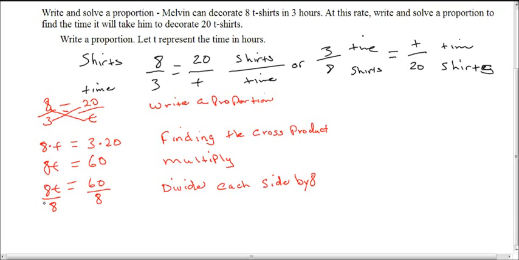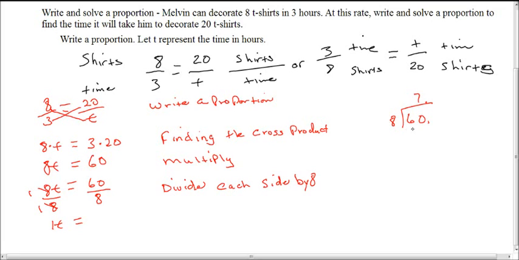So when we actually divide 8 by 8, that's going to be 1, and that's 1, and 1 over 1 is simply 1t, and 8 goes into 60. So let's go over here, 60 divided by 8, with a decimal here. We know that 5 times 8 is 40, plus 6 is 48, and 7 times 8 is 56.